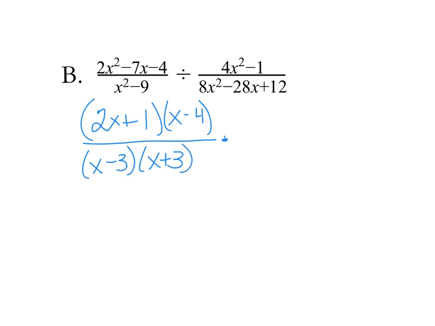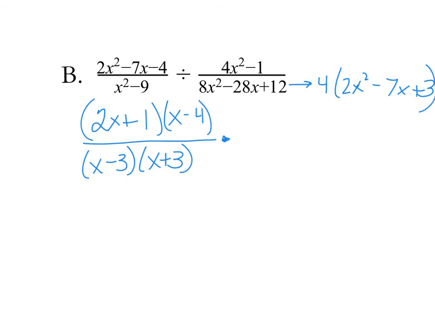Be careful, we need to flip things around. I see that I have a 4 come out here, so I can rewrite this denominator as 4 times 2x squared minus 7x plus 3.